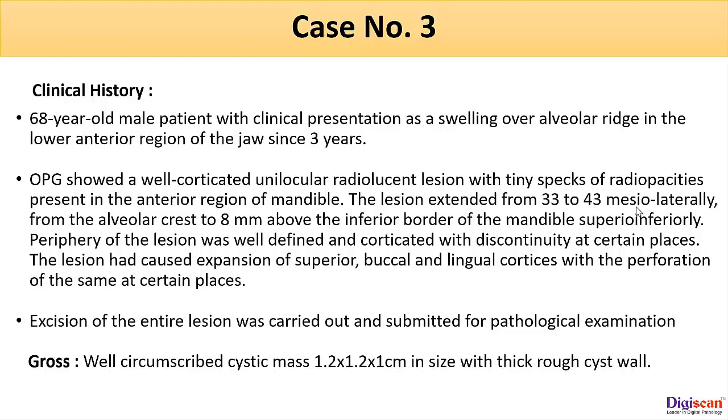Excision of the entire lesion was carried out and submitted for pathological examination. Gross revealed a well circumscribed cystic mass 1.2 x 1.2 x 1 centimeter in size with thick, rough cyst wall. This is the third case of dentinogenic ghost cell tumor from our collection.